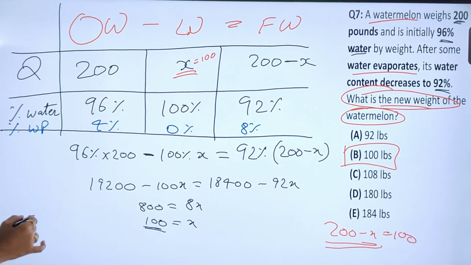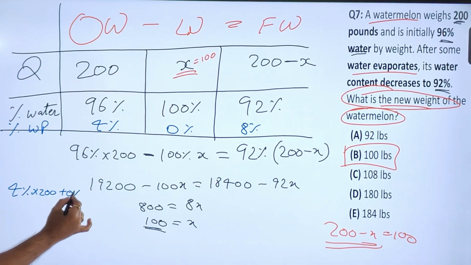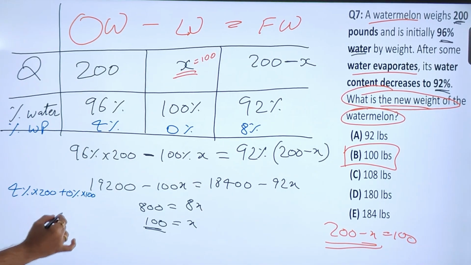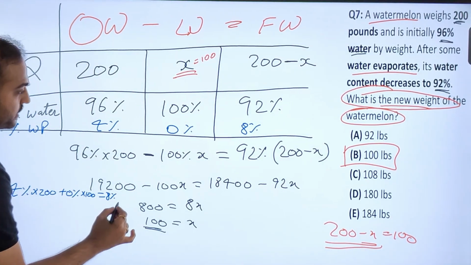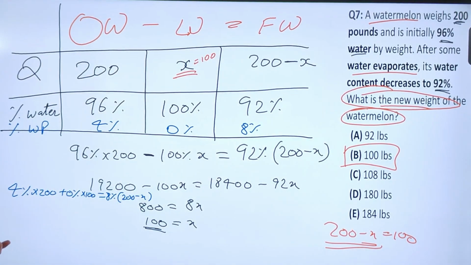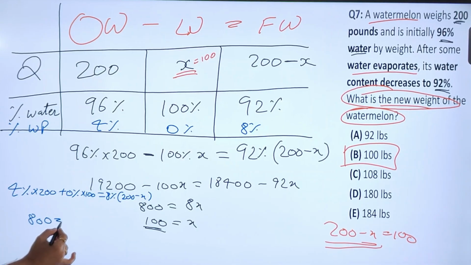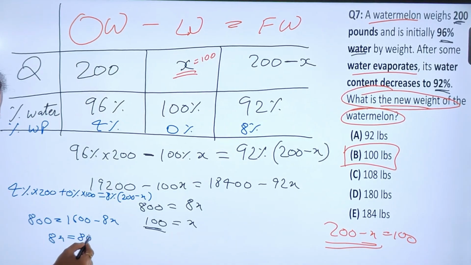So if you make the equation now, that's 4% into 200 plus 0% into 100 is equal to 8% into 200 minus x. 0 into 100 becomes 0, percent cancels out. I have 4 into 200, that's 800, is equal to 1600 minus 8x. Again 8x is 800, x is 100.